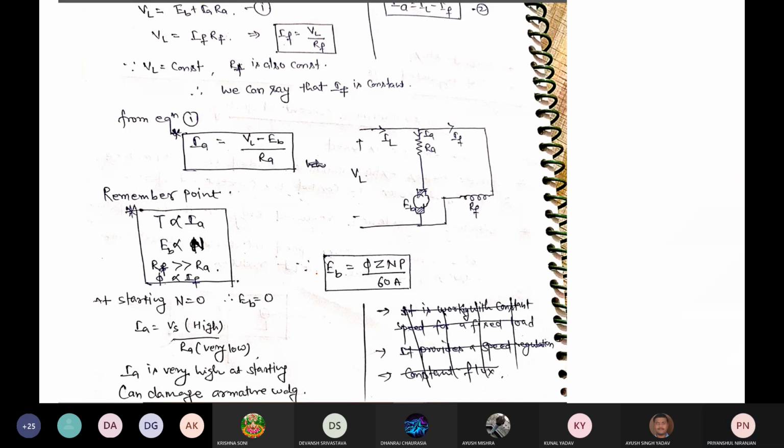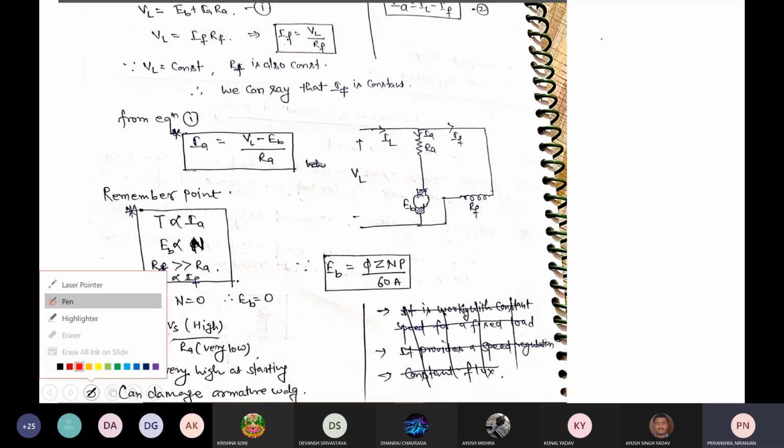Okay, so here the first relation: phi is constant.